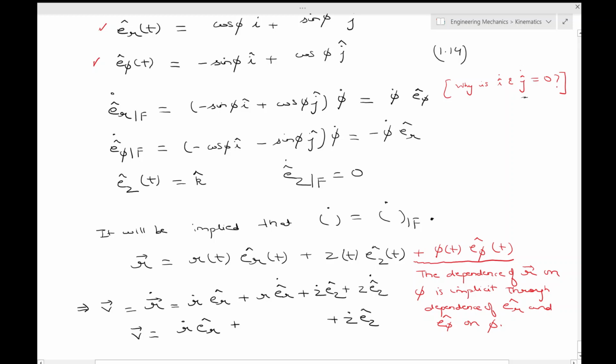Now try looking at this term and this term.